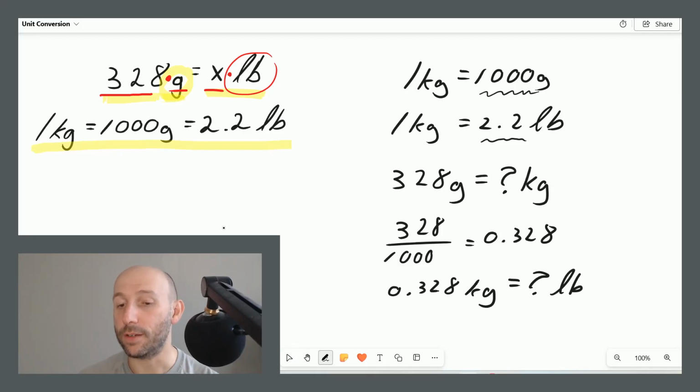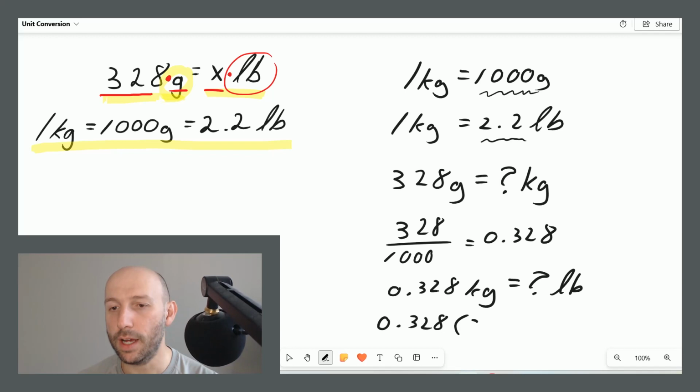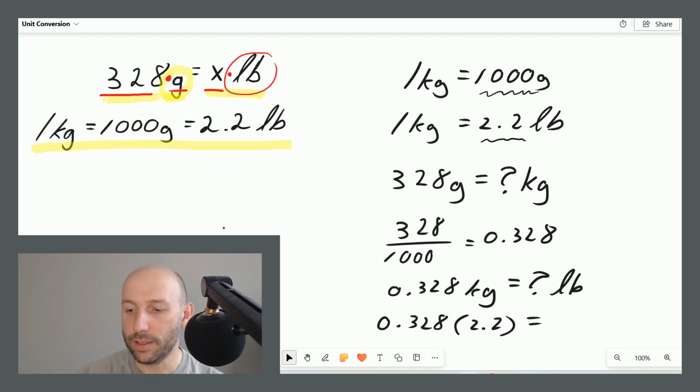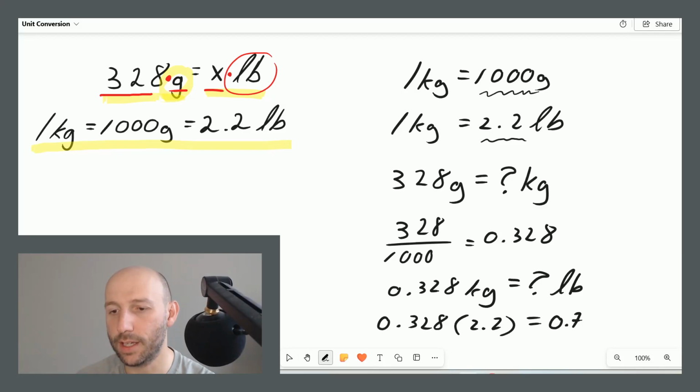So, if we need a bigger number, then we're going to have to multiply by our conversion ratio. 0.328 times 2.2 is going to give us 0.7216. That is our answer in pounds.